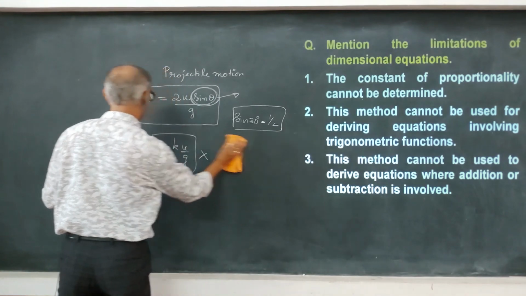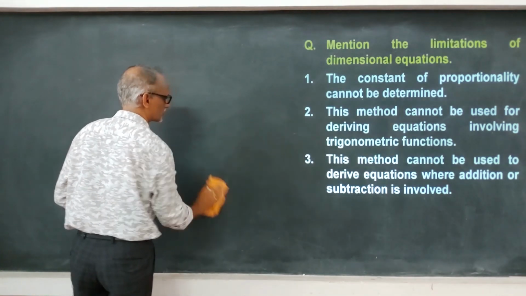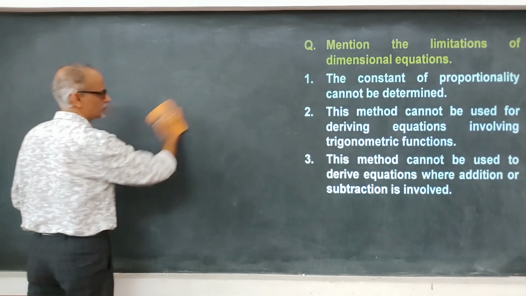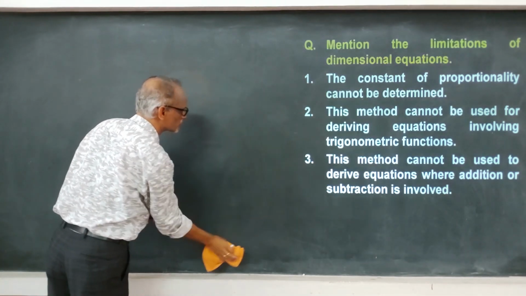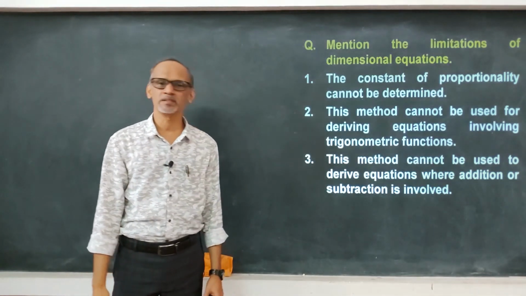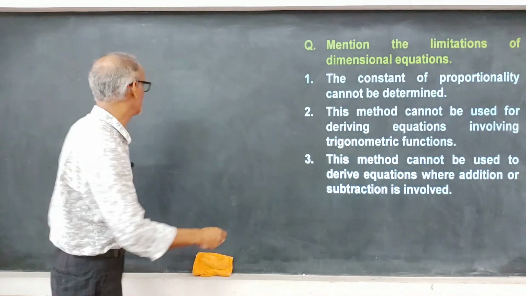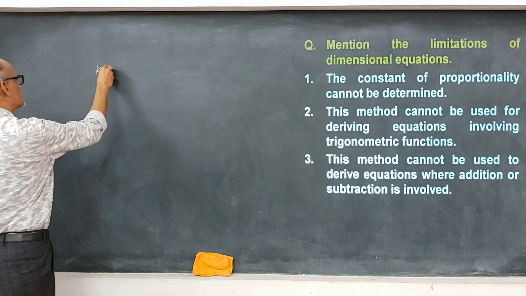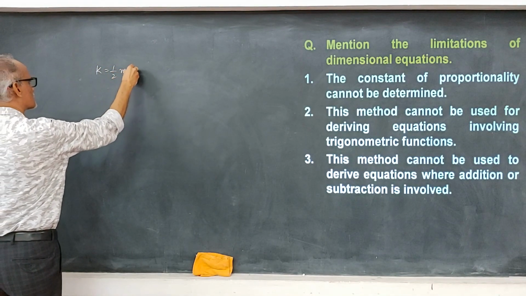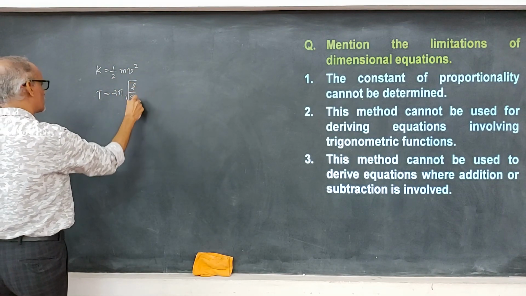Next, we have limitation number 3. What is this limitation number 3? This method cannot be used to derive equations where addition or subtraction is involved. You must have observed, all the equations that we derived, like K is equal to half mv square, this is what we have derived. T is equal to 2 pi root of L by G, this is what we have derived.